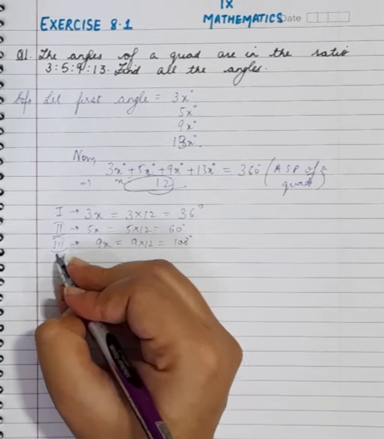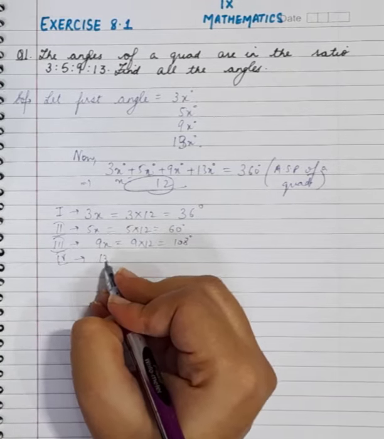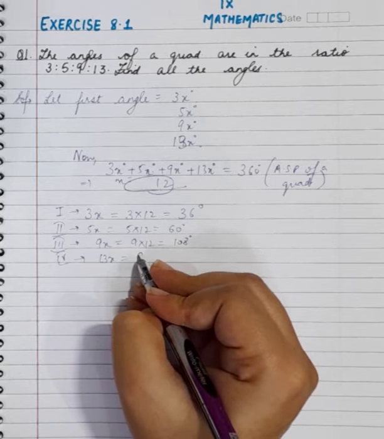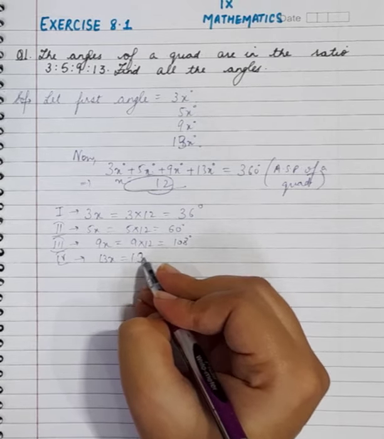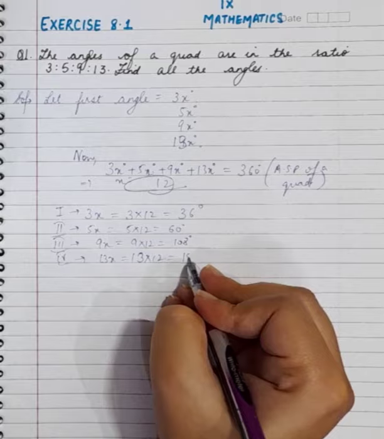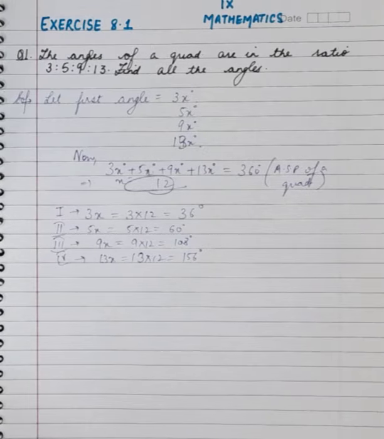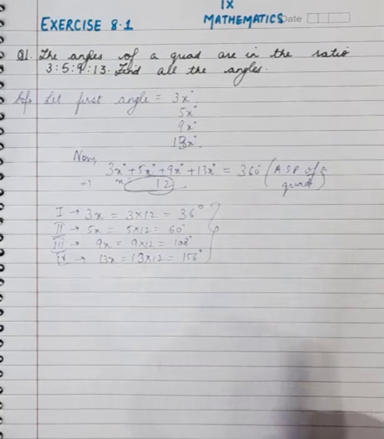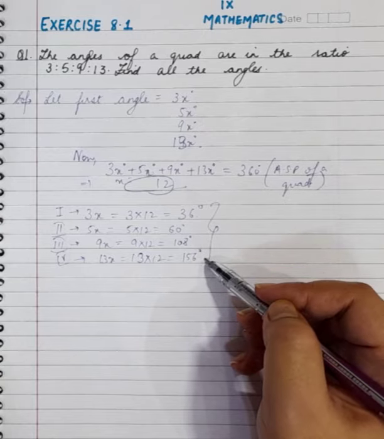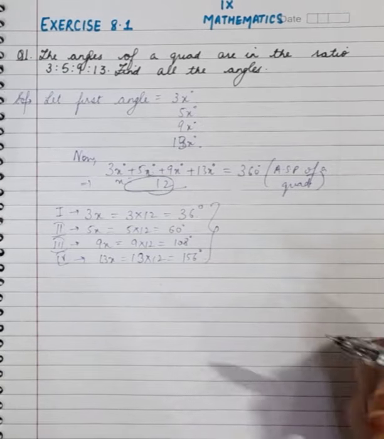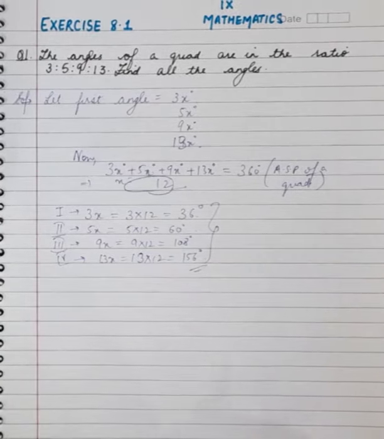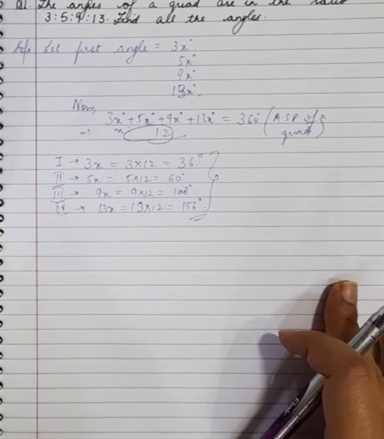And the fourth angle would be 13 into x, that is 13 into 12, which is 156. So to check if your answer is right or not, you can add up all the angles. The sum of these angles should be 360 degrees. So this is how you will be doing this question.